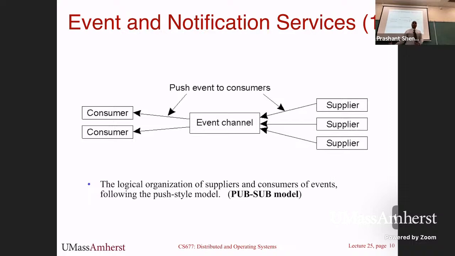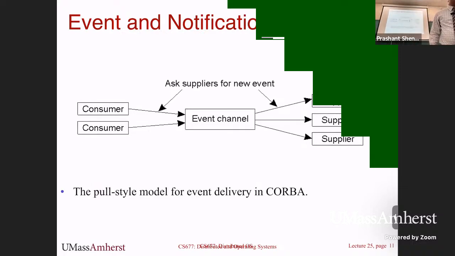Push and push. And Corba also supports this. This was actually one of the first times they implemented this in middleware. So if you want to use a pub sub type application, you just have to use the event service from Corba and you get all of this functionality. Now, there are other ways to do this, which Corba also supports.